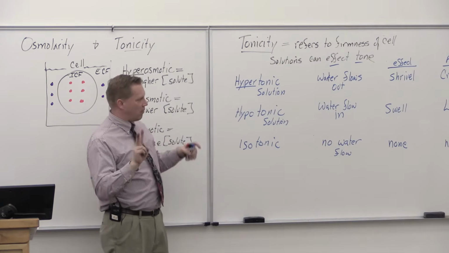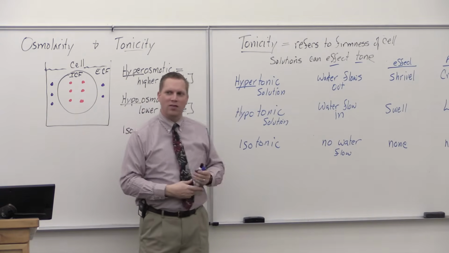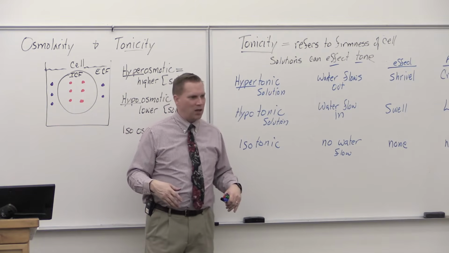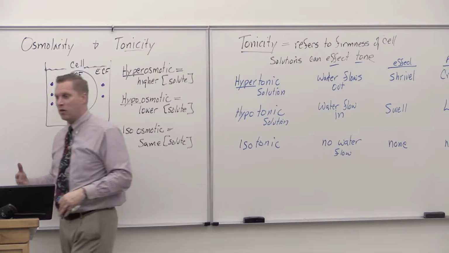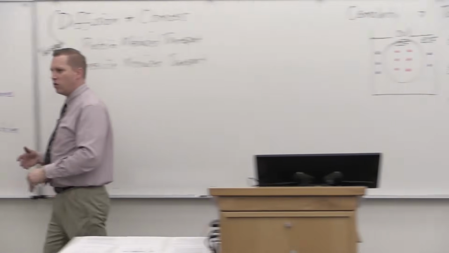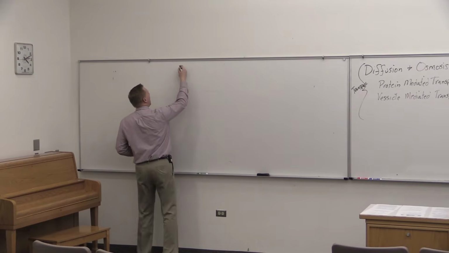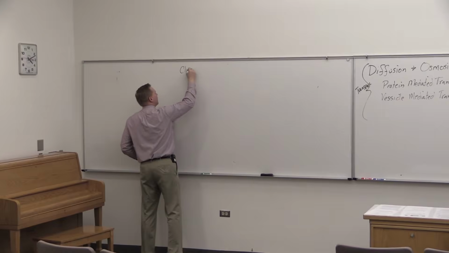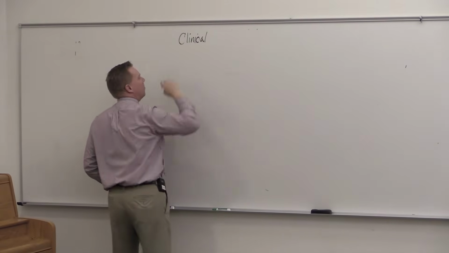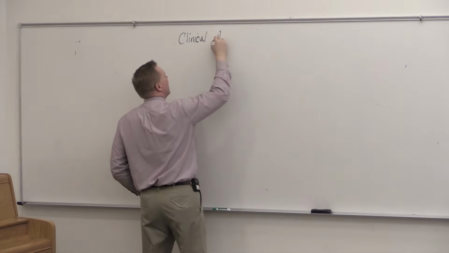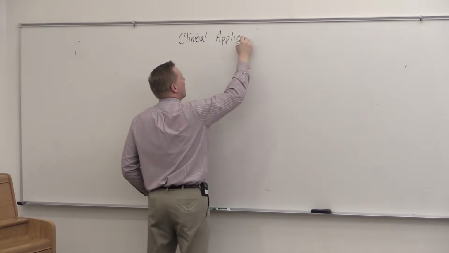Now, let's learn a couple more things and then apply this to some clinical settings of what might happen and how you might manipulate the tonicity of cells using solutions that you could bathe the cells in. Okay, so now let's look at the application of these concepts of osmolarity and tonicity in a clinical setting.